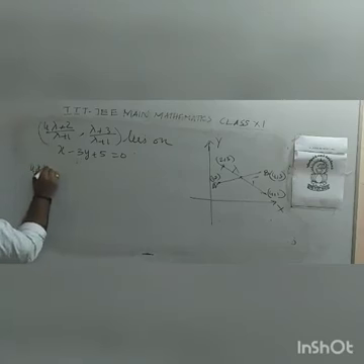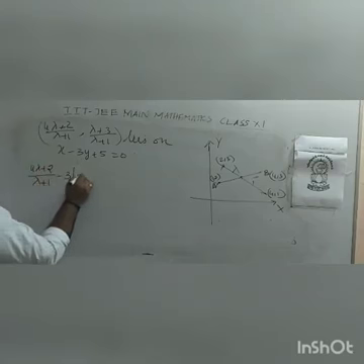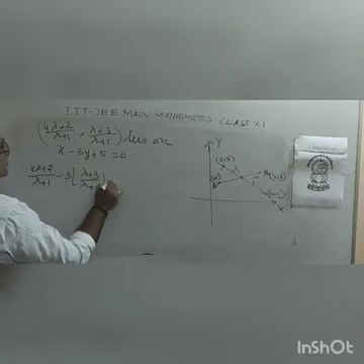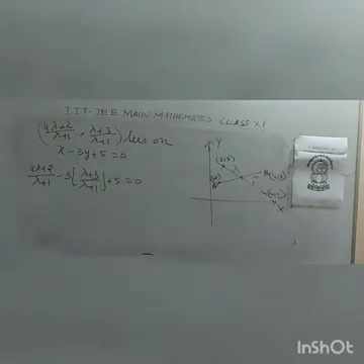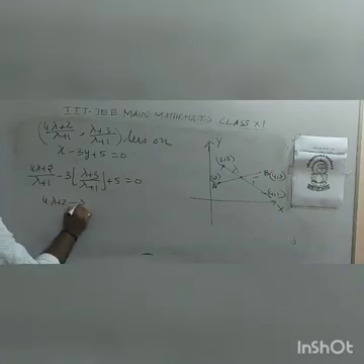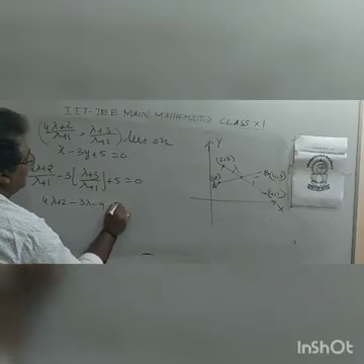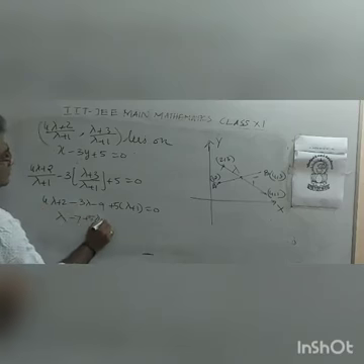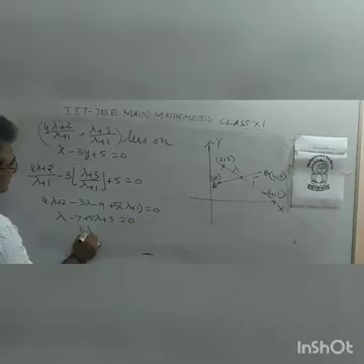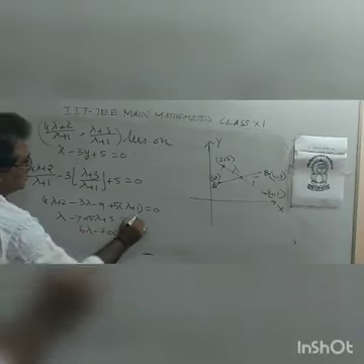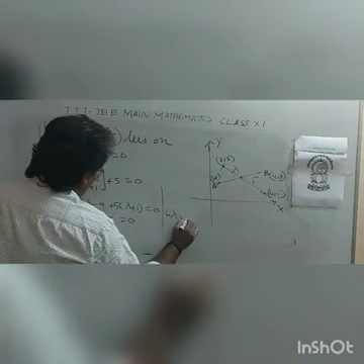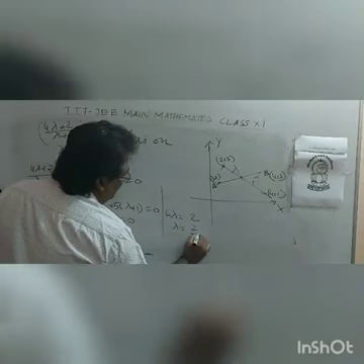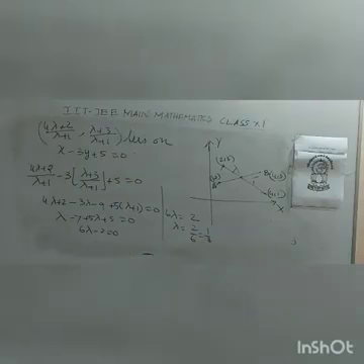So 4 lambda plus 2 by lambda plus 1 minus 3 into lambda plus 3 by lambda plus 1 plus 5 equal to 0. Multiply through by lambda plus 1: 4 lambda plus 2 minus 3 lambda minus 9 plus 5 lambda plus 5 equal to 0. 6 lambda minus 2 equal to 0, 6 lambda equal to 2, lambda equal to 2 by 6, that is 1 by 3.